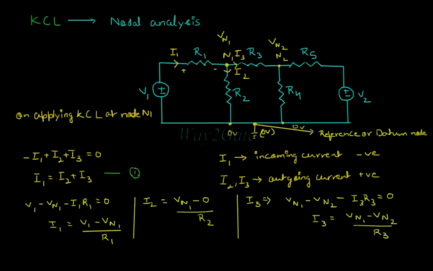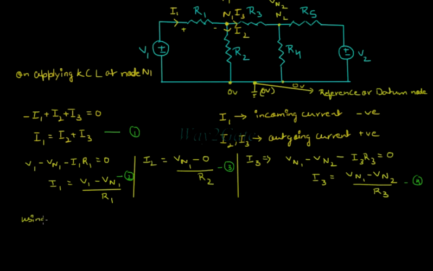If this is equation 1, this is 2, this is 3, and this is 4, then using equations 2, 3 and 4 in 1, we get the KCL equation in terms of node voltages Vn1, Vn2 and supply voltage V1.